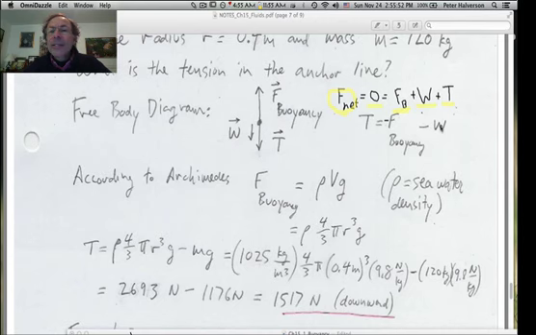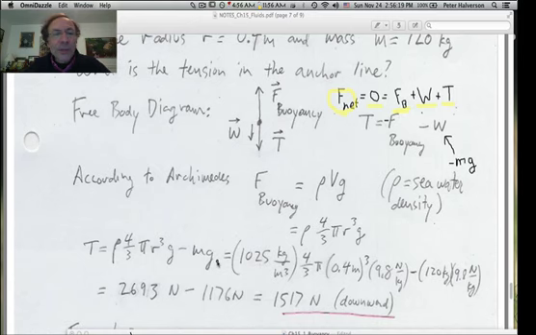But this weight is downward already, and so this weight here is actually going to be minus m times g.